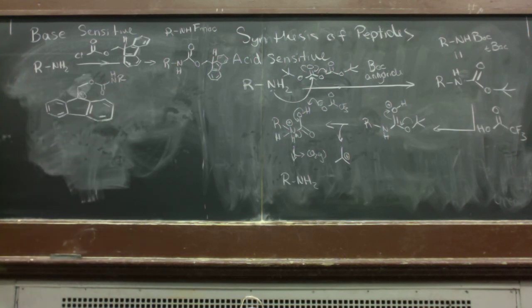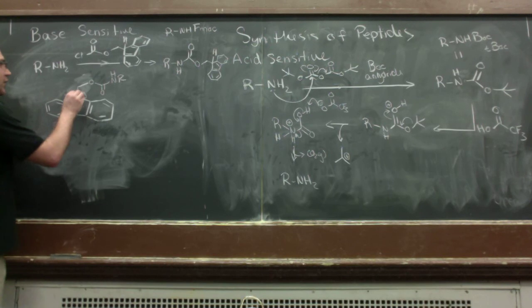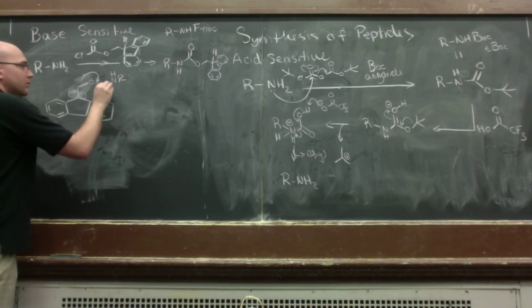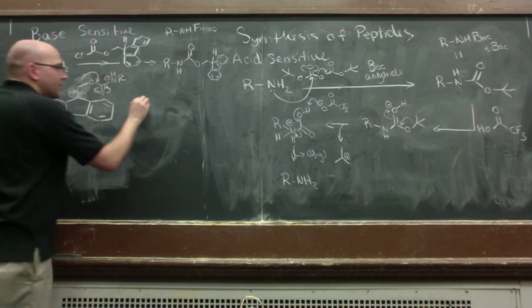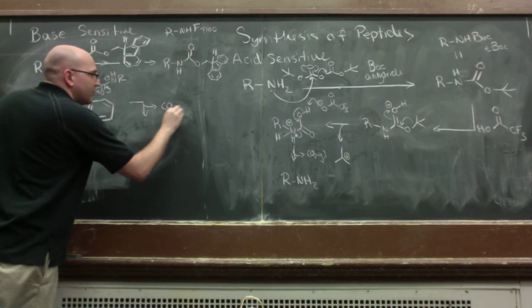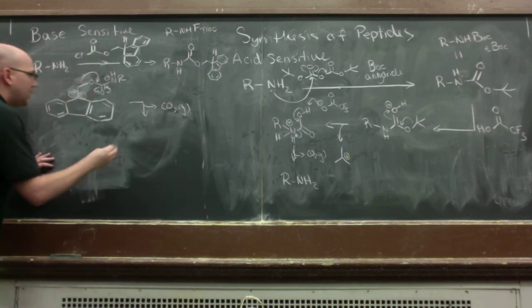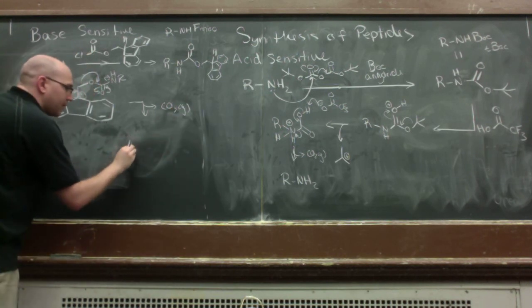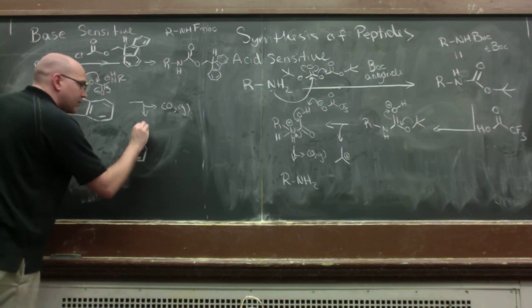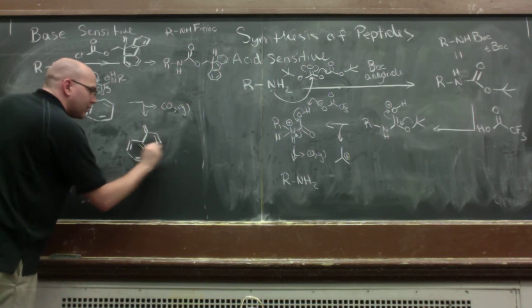once you deprotonate that, you have that anionic character, and now the CO2 release can take place, because you can do an elimination to generate your amine. So we're going to release CO2 gas, and the product we generate is going to be this double bond.